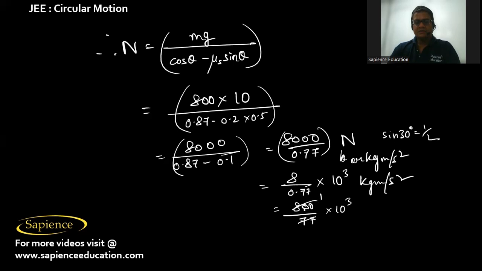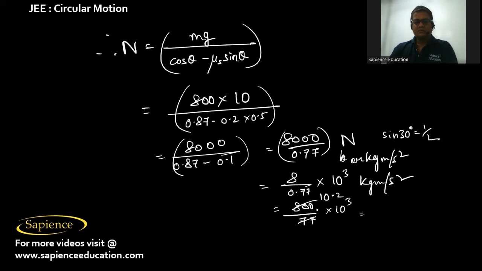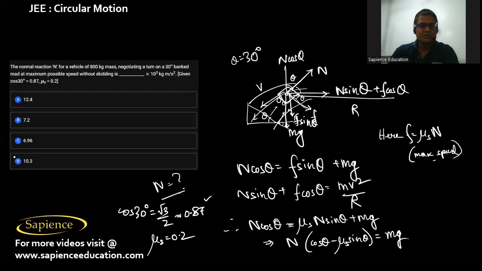It is obviously 10 point something into 10 power 3. So I can say 10.2, approximately. So it is 10.2 into 10 power 3 kg meter per second square. So option D is the correct answer.